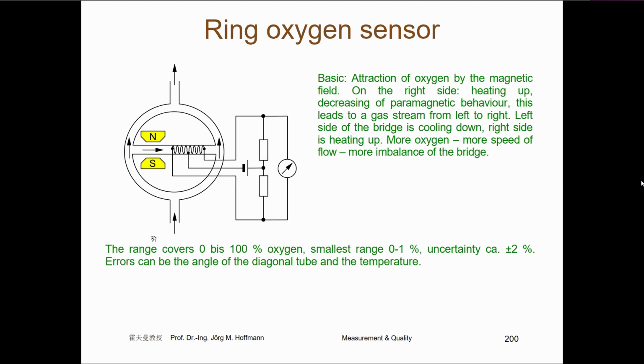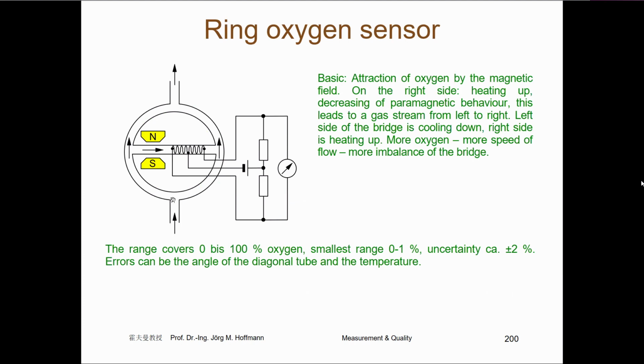When you have this ring oxygen sensor, we have some companies in Germany that produce this, Hartmann and Braun, for example. It's one of the bigger producers of oxygen measurement devices. You have a ring here, and you go with your gas inside.